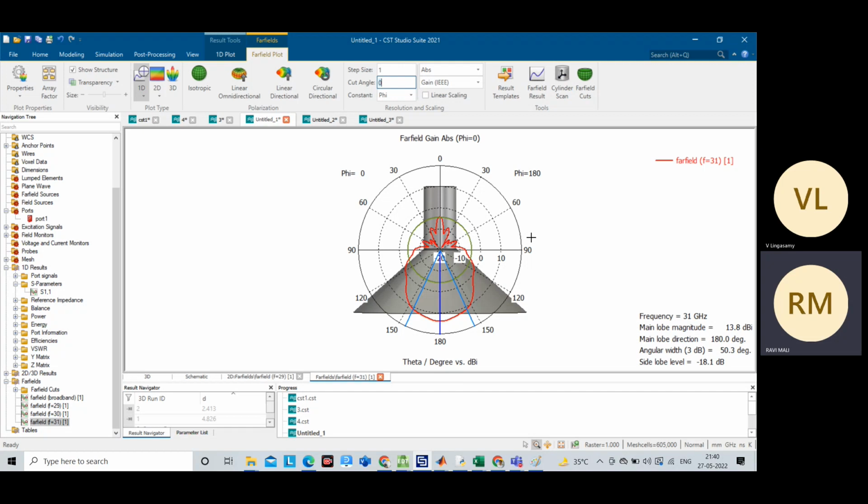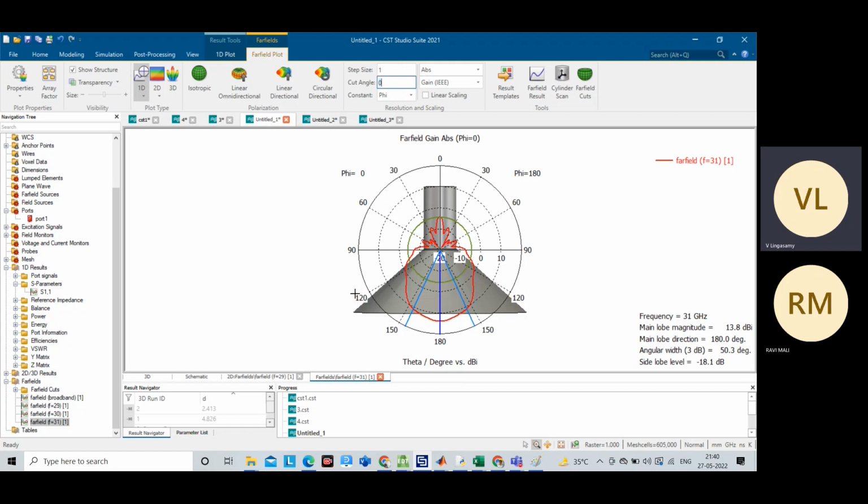Whenever you get confused, just go to the pyramidal horn. Along the width, you will have the H plane. Along the height, you will have the E plane. Here it will be the same, that's why you are getting confused.